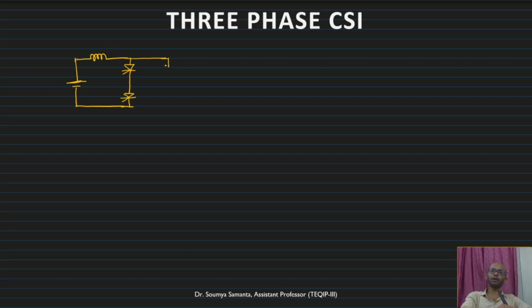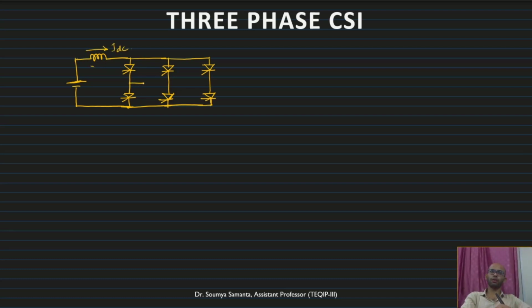This is leg 1, suppose this is leg 2, and this is leg 3. So the current through this is IDC.